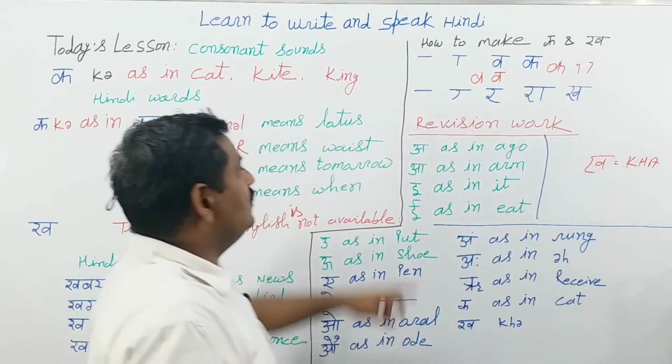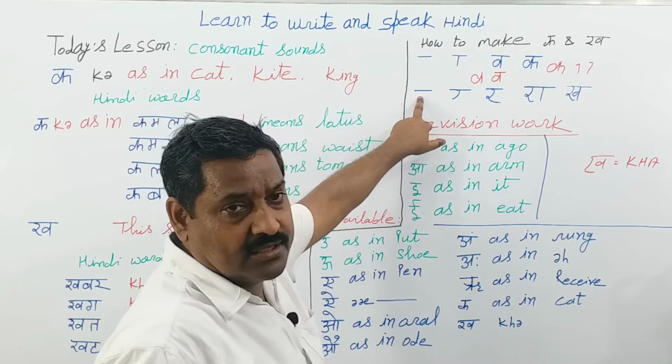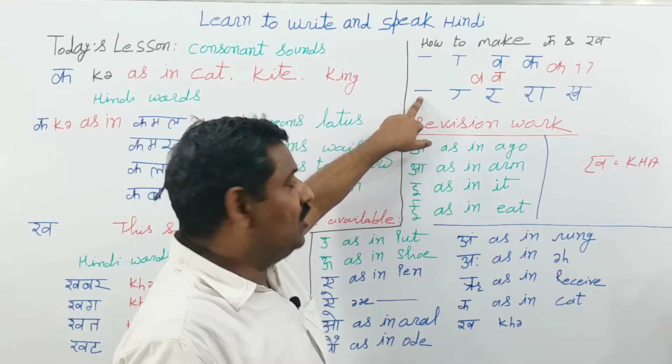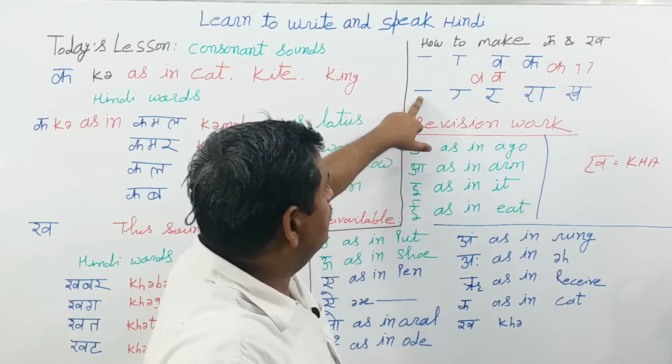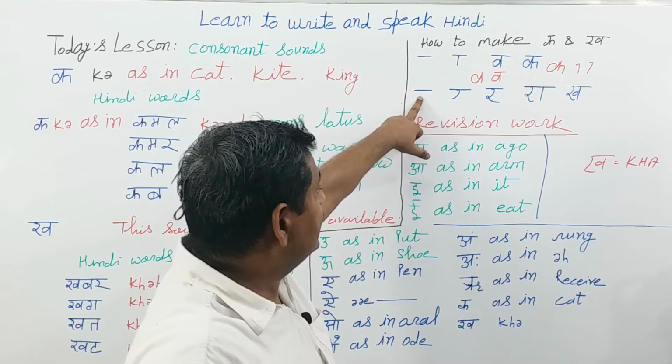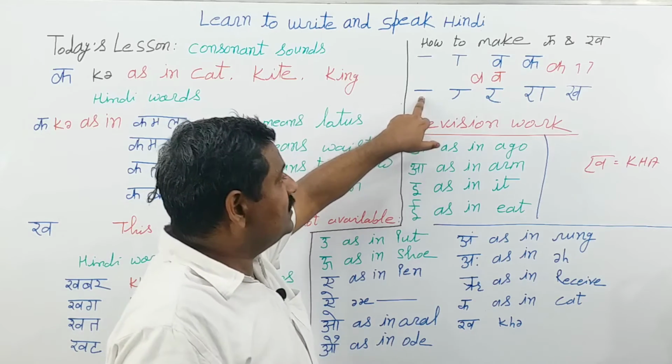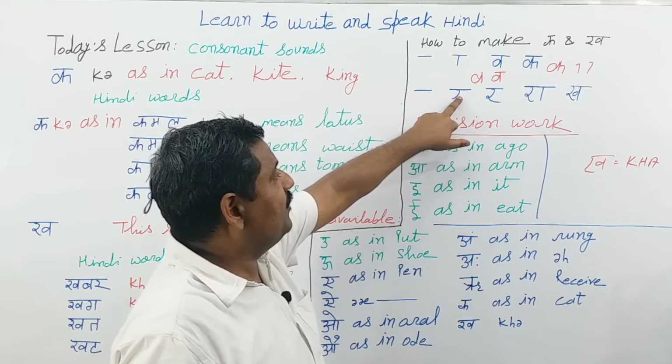And for k sound, first of all we draw this line here. It can be called a parallel line. Then after this line we draw this shape here.